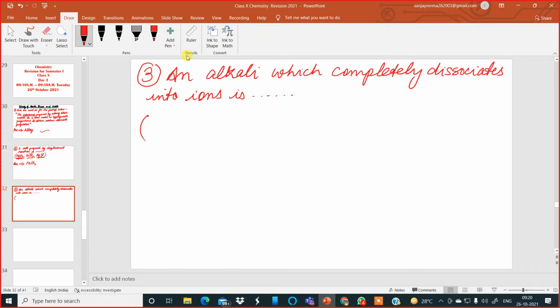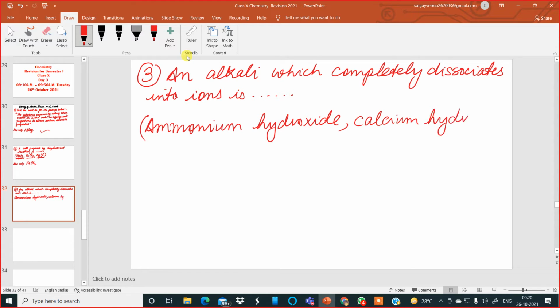The first option is ammonium hydroxide. The second option is calcium hydroxide. The third option is lithium hydroxide. Now you have to choose the correct answer.